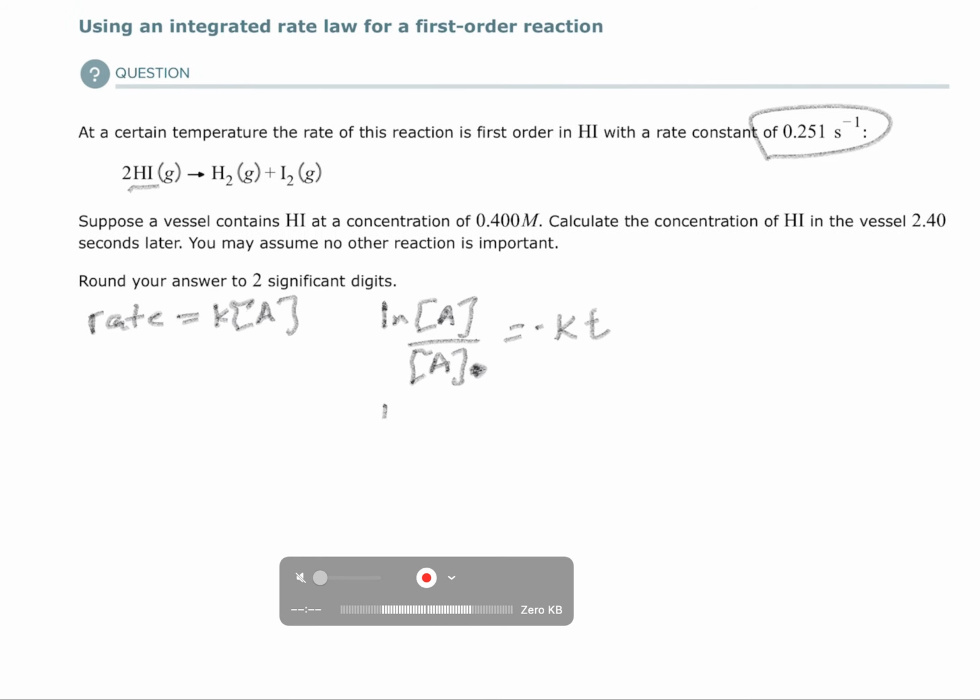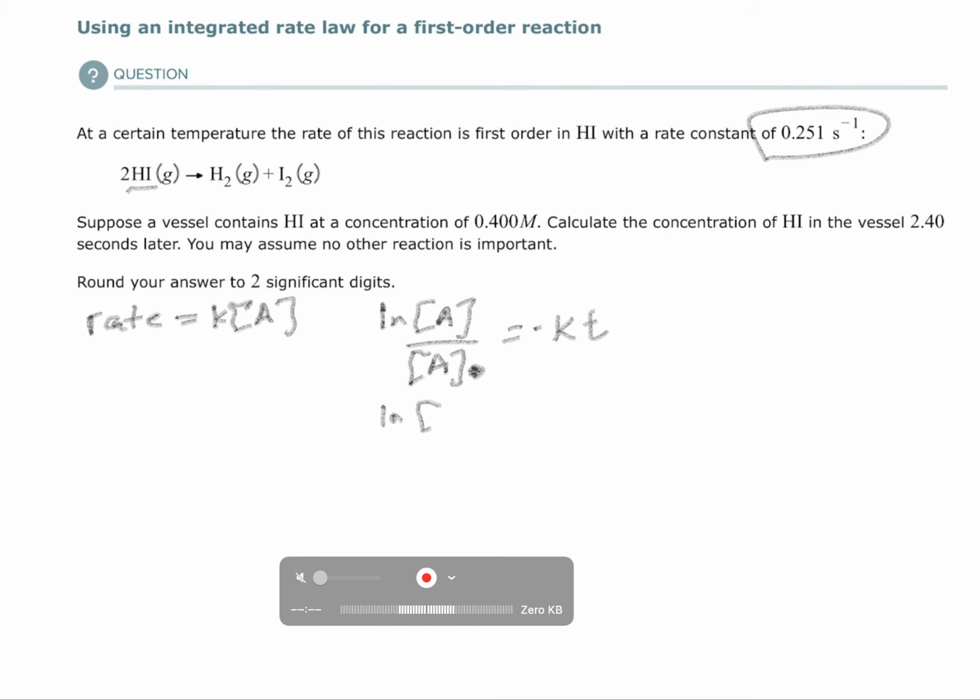So I'm just going to recopy that as the natural log of our acid divided by 0.400 molar equals minus times 0.251 divided by seconds.